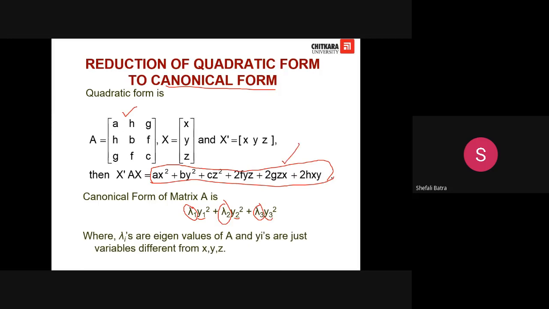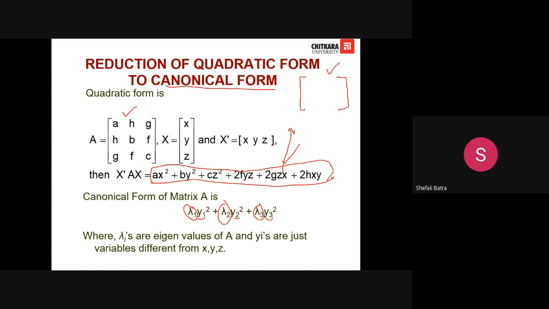So what will you do? First task, you will write a matrix from this quadratic form. Right? And then you will find the eigenvalues of this matrix.